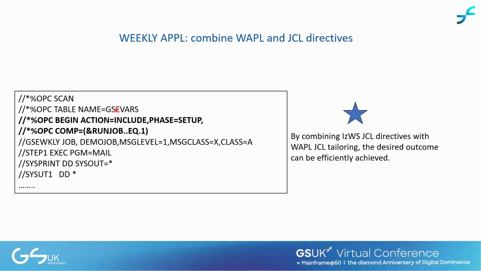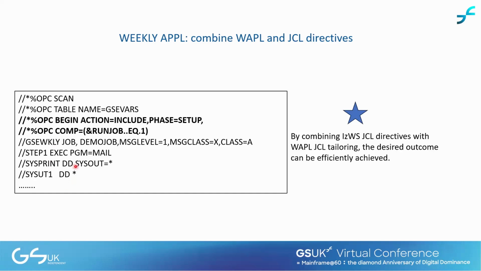Then we have the OPC comparison statement, which will evaluate if the RUNJOB value is equal to 1. And if that's true, all the statements between the begin action include and the end action include will be executed.